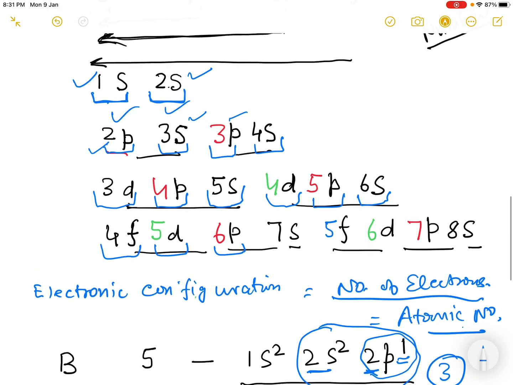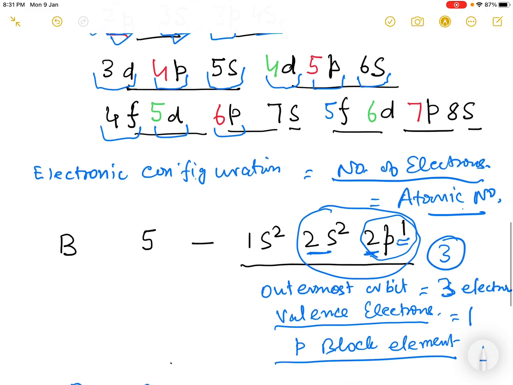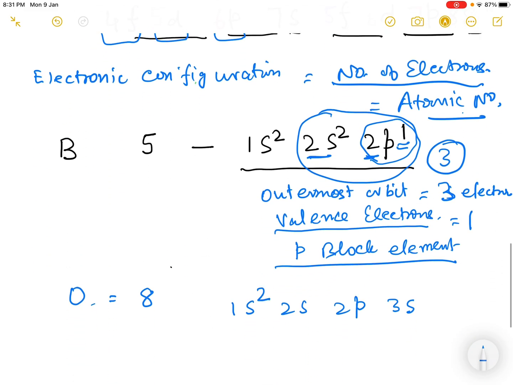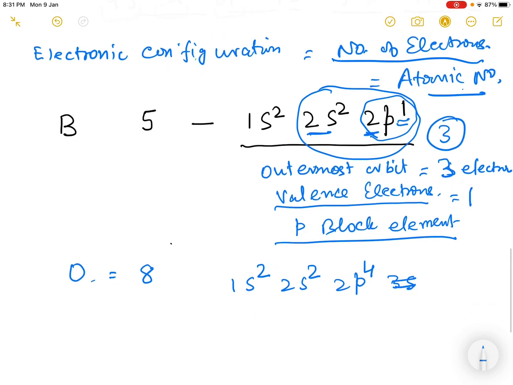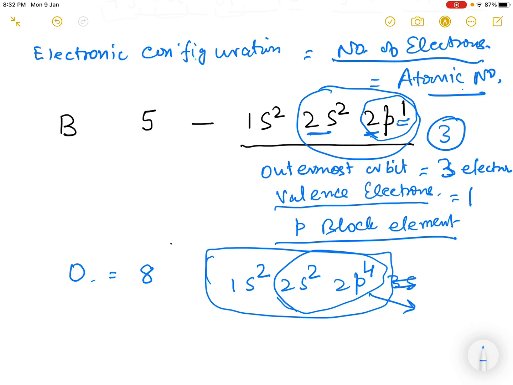Now 2 electrons in this, 2p can hold a maximum of 6 electrons, but here we are left with only 4 electrons and 3s will not be needed. So this is the electronic configuration of oxygen, and it is also a p block element, and the outermost orbit has 6 electrons, and the number of valency electrons is 4.